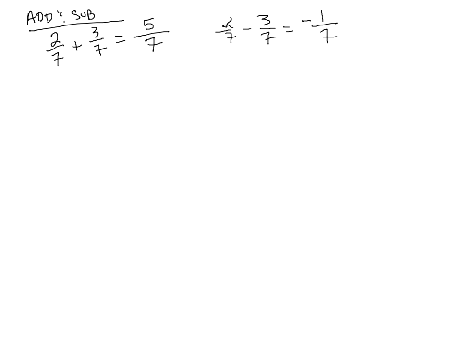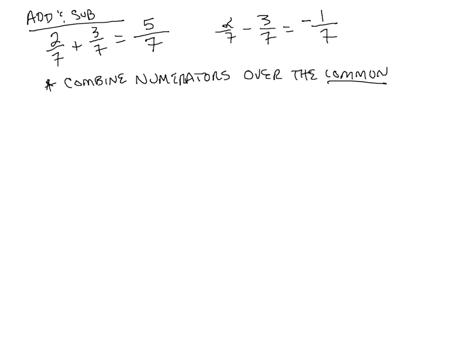So the rule says when you have like denominators, you combine the numerators over the common denominator.